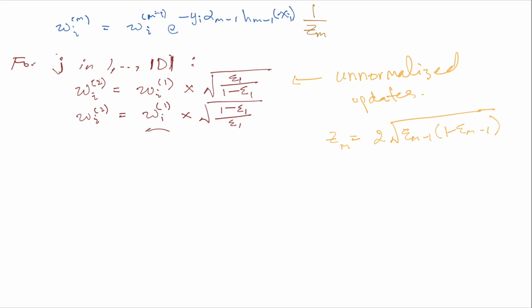Let me just do the generic weight here. Instead of making it too messy, I'm just going to rewrite it all out. I don't want to just focus on the m equals 1 case. I want to focus on just the general m case.